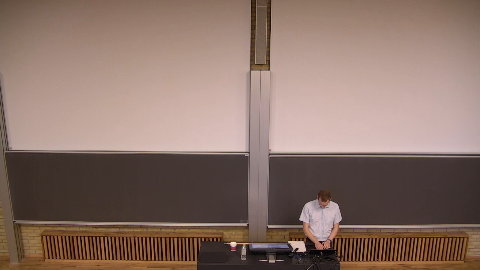So the optimal prediction is the conditional expectation. We have the expectation of y t plus k given all the previous observations. That's what we denote as y hat t plus k given t. That's the compact notation that we'll use for this.